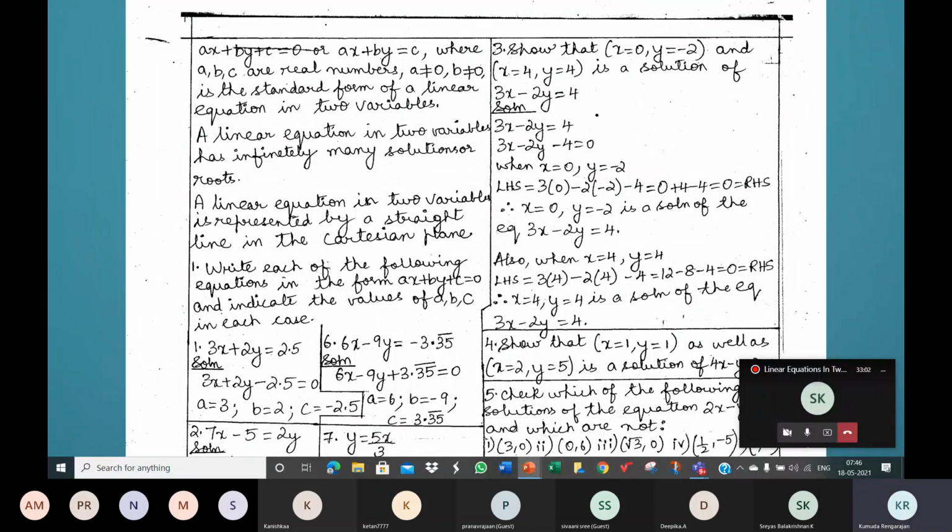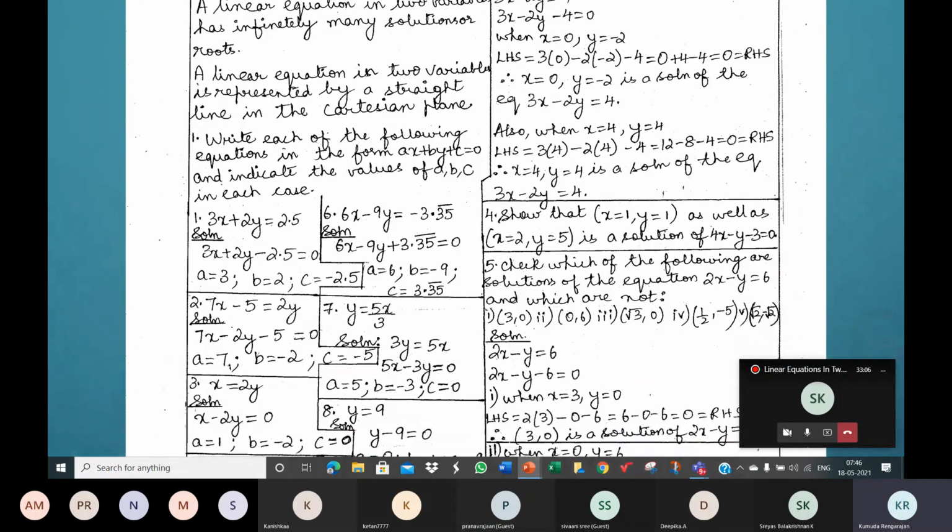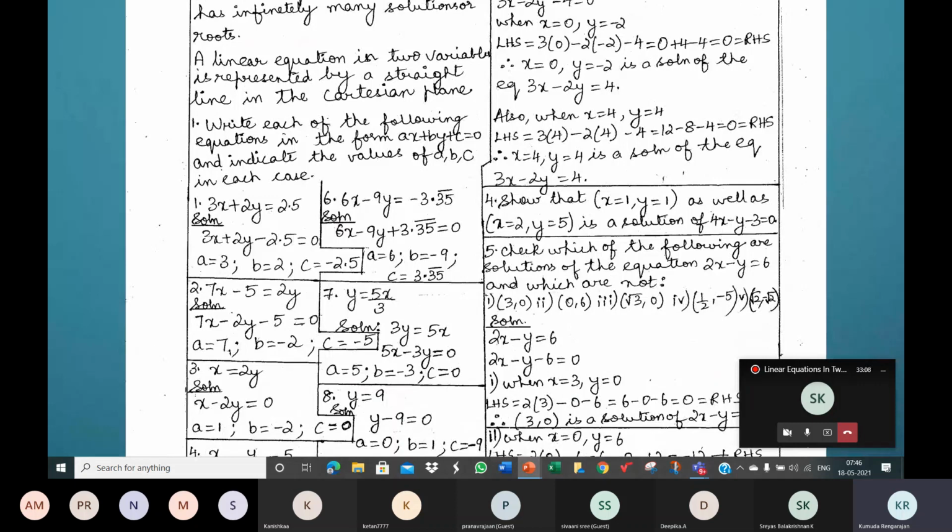Now we have already seen the graphical representation of a linear equation in two variables x and y. We saw it's a straight line.